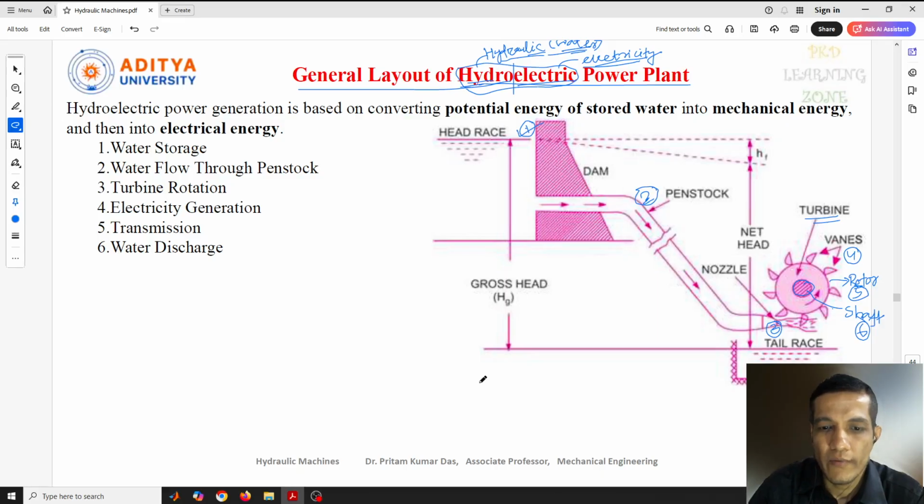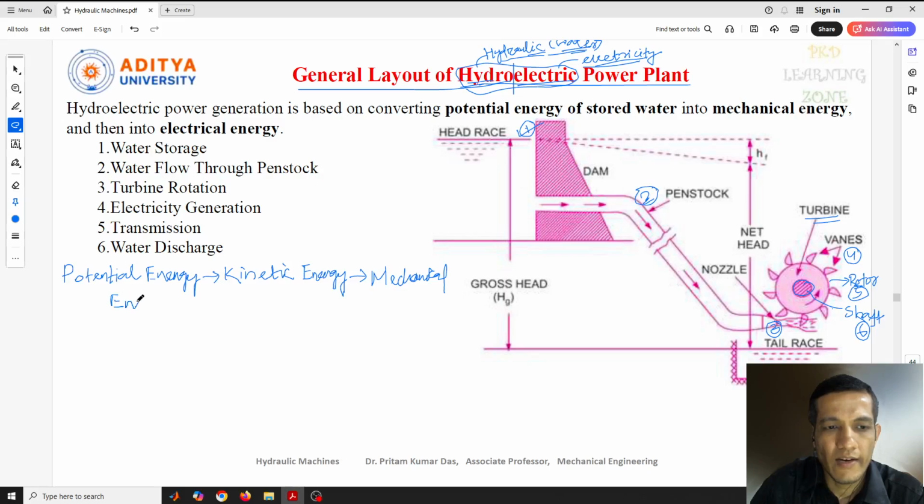So in short form, if I write here, initially it is potential energy. Then that is going to be converted into kinetic energy, and the kinetic energy is going to be converted into mechanical energy.